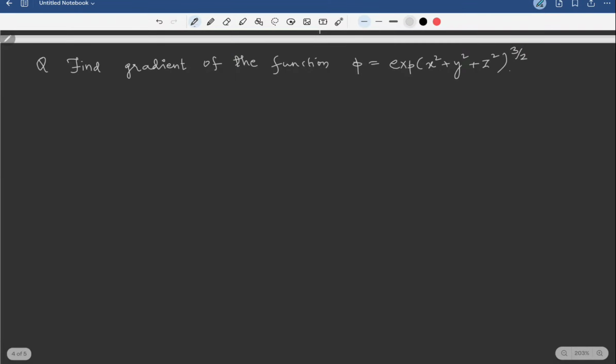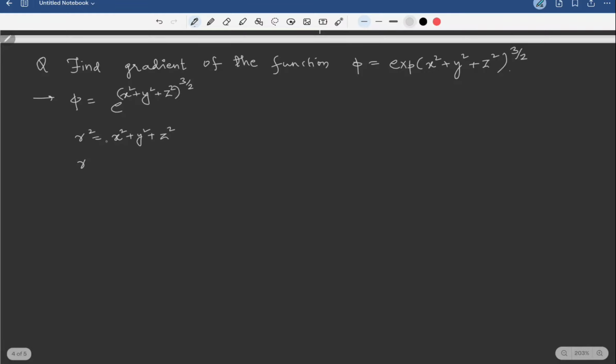Okay, let's solve this question. Phi is equal to e raised to (x square plus y square plus z square) whole raised to 3 by 2. We know that r square is equal to x square plus y square plus z square.